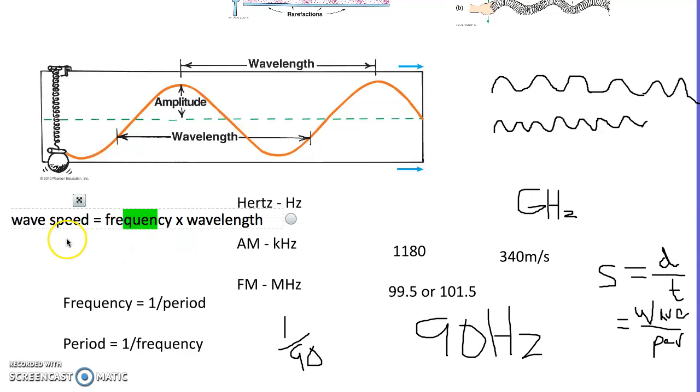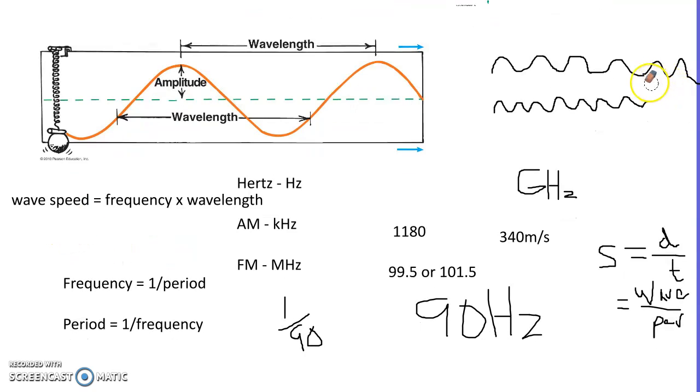All right. So to go back to our example from earlier, if we had these two waves and they have the same speed, then the one that has the higher frequency would, in order for it still to equal the same speed, have to have a shorter wavelength. So a bigger frequency times a shorter wavelength will give you the same speed as this one, which has a lower frequency but a longer wavelength. Therefore, that's going to give you equal speed.